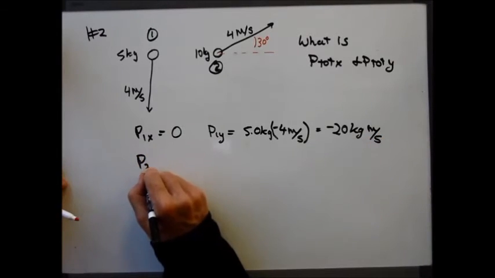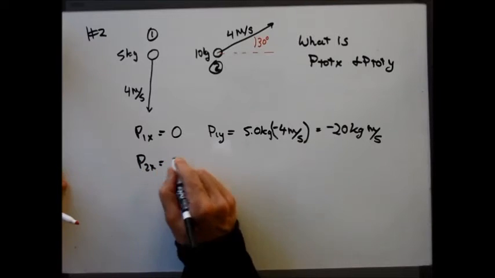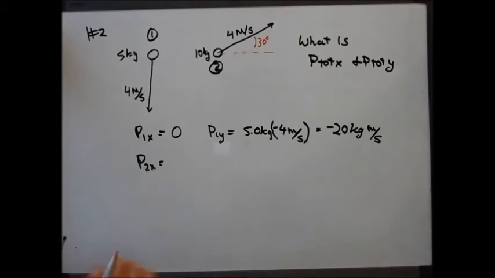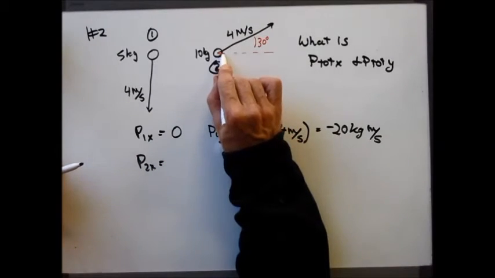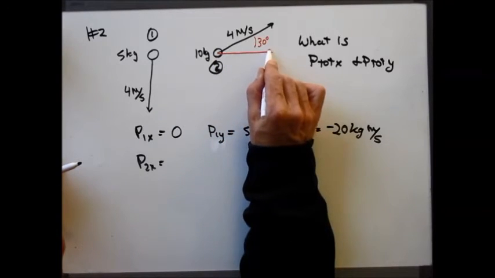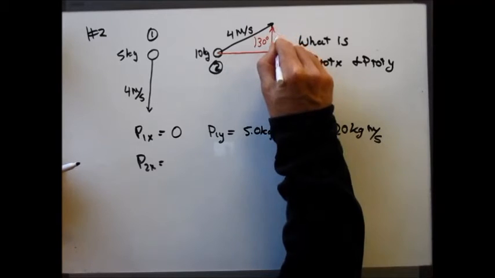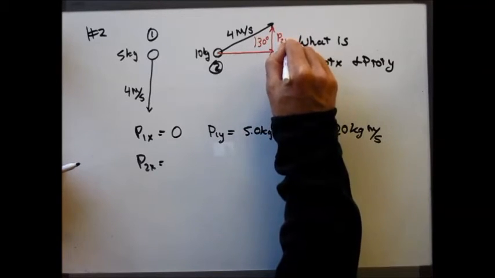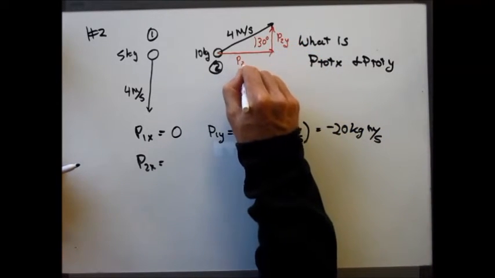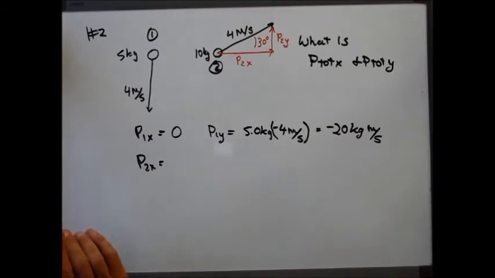Similarly, I can find P2X, right? If I want the components of this guy, my X component is going to look like this, right? And my Y component is going to look like this. This is P2Y, and this is P2X, right?